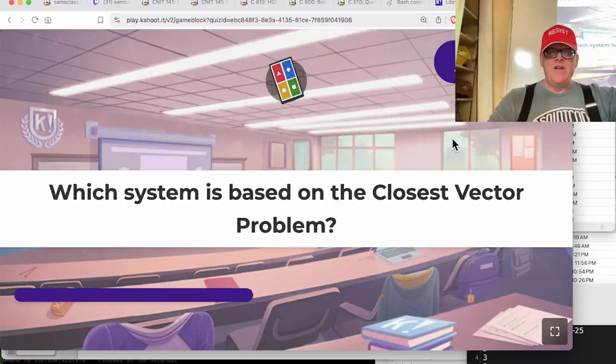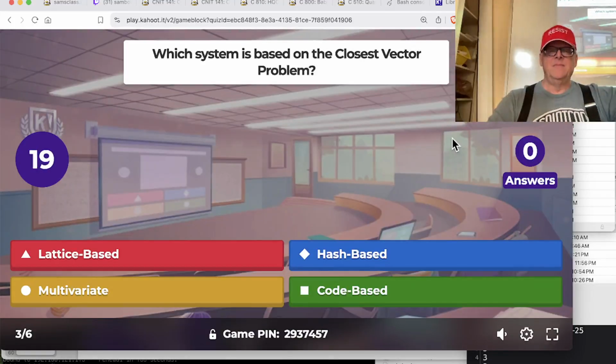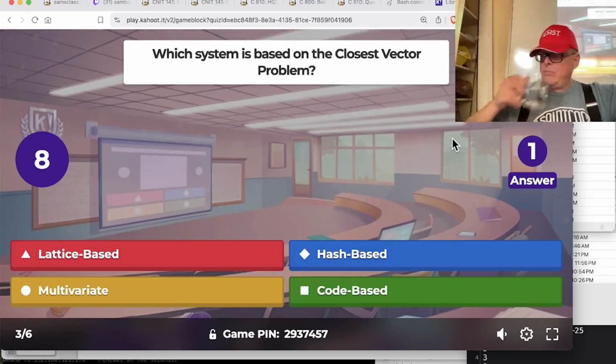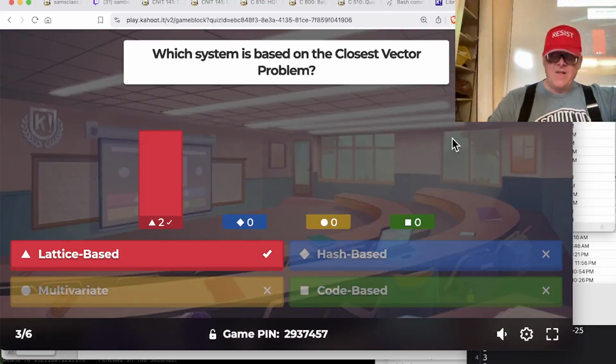All right, which system is based on the closest vector problem? That's the lattice-based system, all right? Like Kyber.